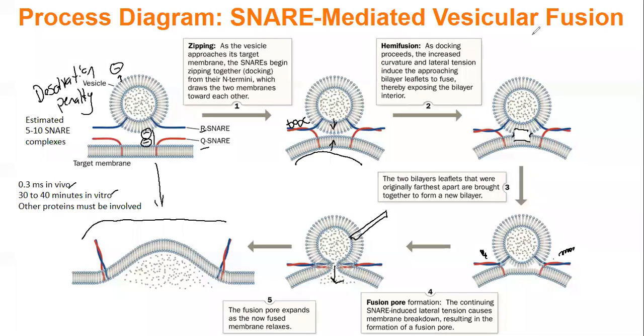They will go to the ER and then go to the Golgi, and these snares will be inserted into the membrane. How the Q snares get there in the first place, maybe they're interacting with other proteins, right? So that's part of the mystery that I do not know of. That's a good question. Unfortunately, I cannot answer that sufficiently.